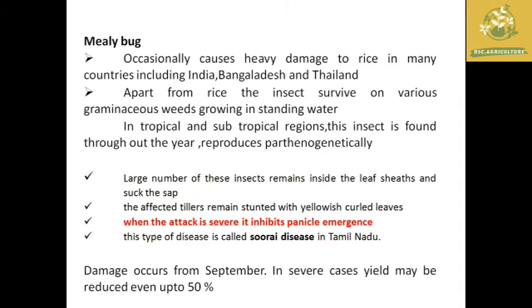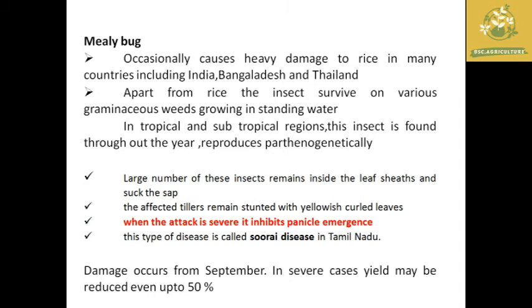So they also cause greater damage once they attack. When they attack, they inhibit the panicle emergence from the rice, and this condition is called Surai disease, which is mainly seen in Tamil Nadu.